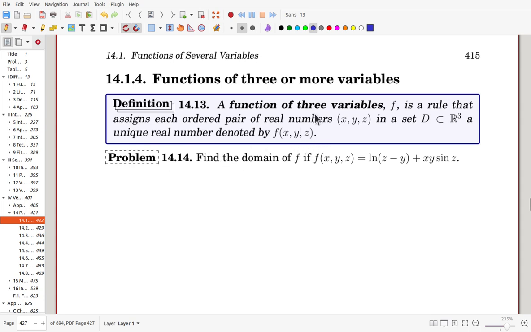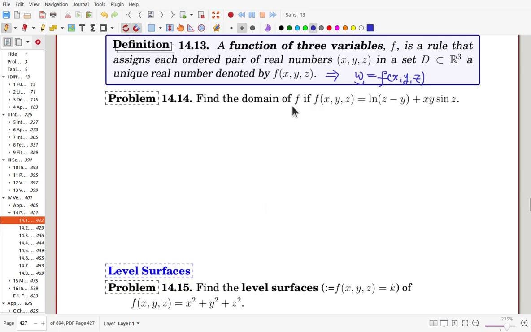So once we try to write down the range, we may start by introducing another variable, the dependent variable, for example w equals f of x, y, z. In this way, we indicate the dependent variable.